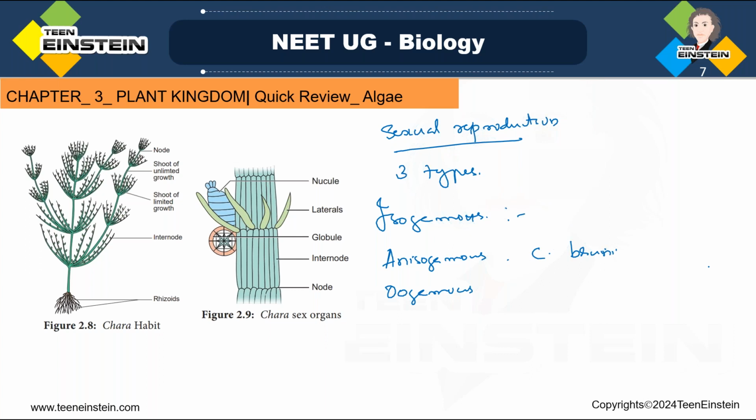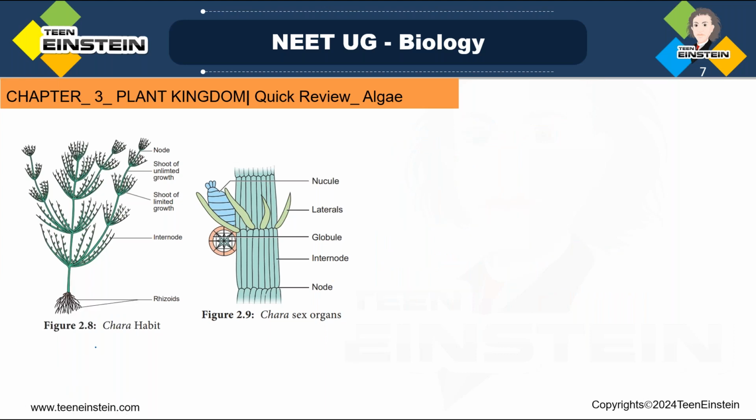Then in oogamous we can see Chlamydomonas coccifera, and Volvox, Fucus, Chara. All these have oogamous reproduction also. Then a few general points we need to say about some algae, that is Chlamydomonas, which exhibits complete evolution of sexual reproduction.